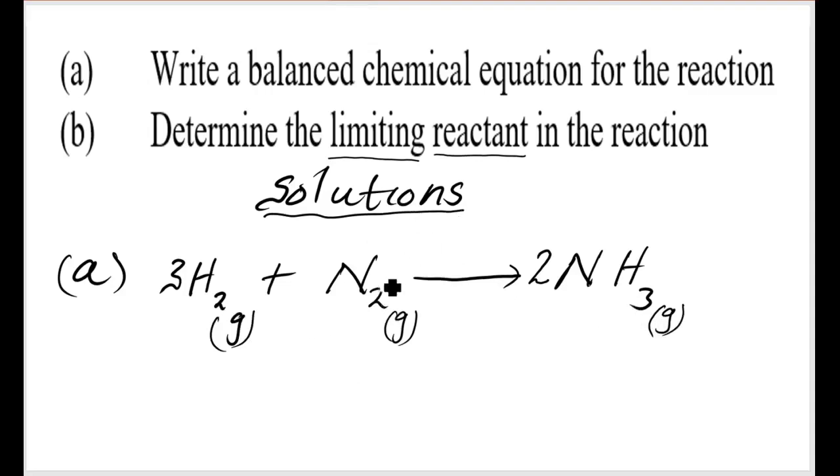Then from there, we compare their mole ratios, or divide by these coefficients, to find out which one is depleted or will have a lower number of moles. Let us do that using the next board.